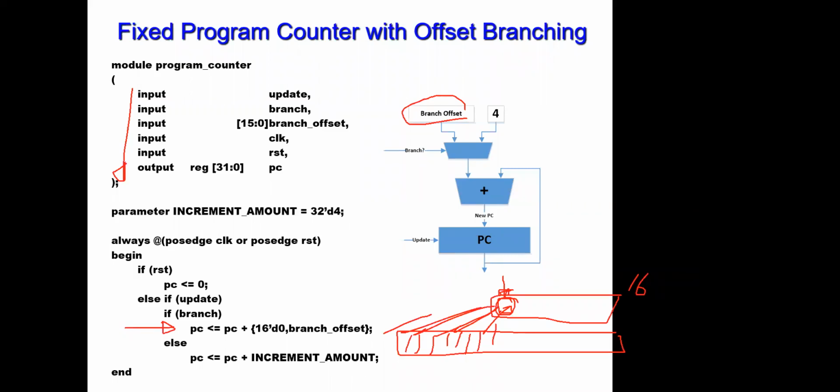And what I will do is repeat it here, in all the 16 slots that are available. If it is 0, that 0 will be repeated 16 times. If it is 1, that 1 will be repeated 16 times. And then concatenate whatever I had here with whatever I had from the 16 bits. That's exactly what I'm doing here. So my program counter will be the program counter plus that guy, which is the branch offset, but in 32 bits format.